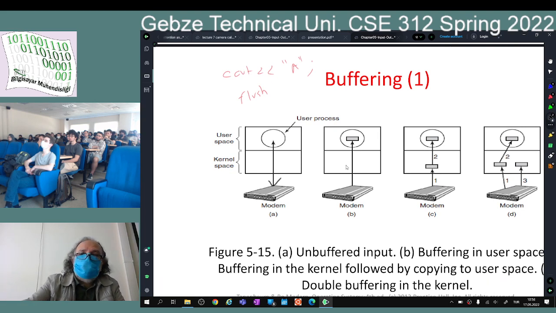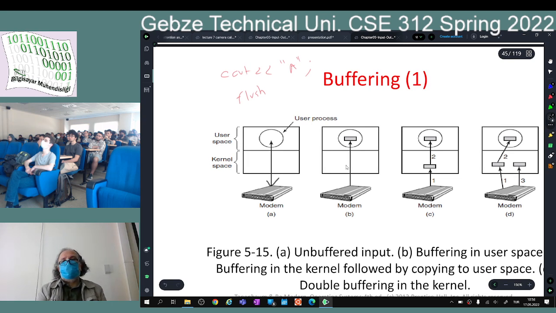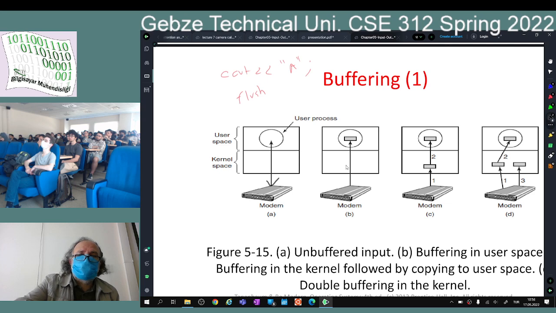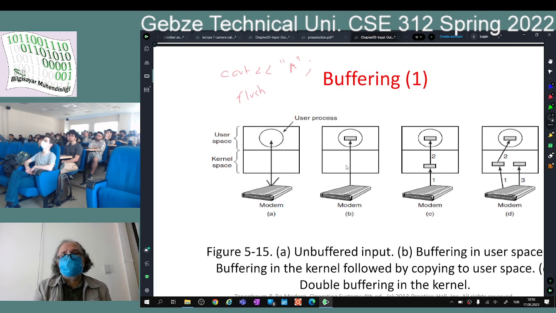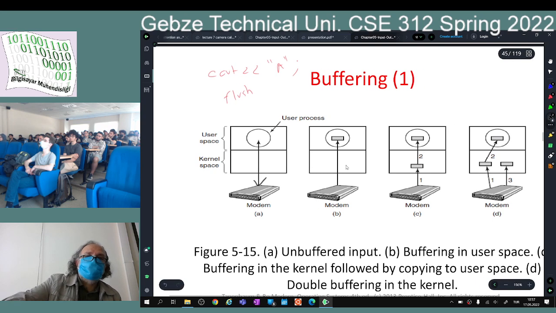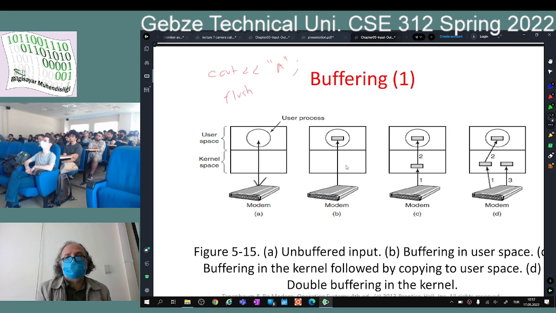Then we have this solution, double buffering. In double buffering, one of the buffers is used for communicating with the user programs, and the other buffer is for loading the new data. Usually this is the case with I/O devices, they are double buffered.